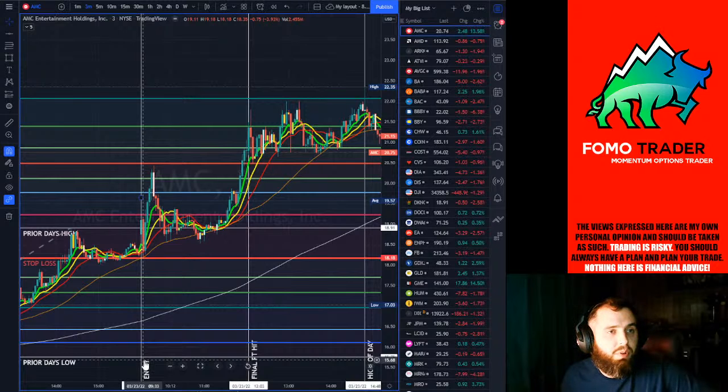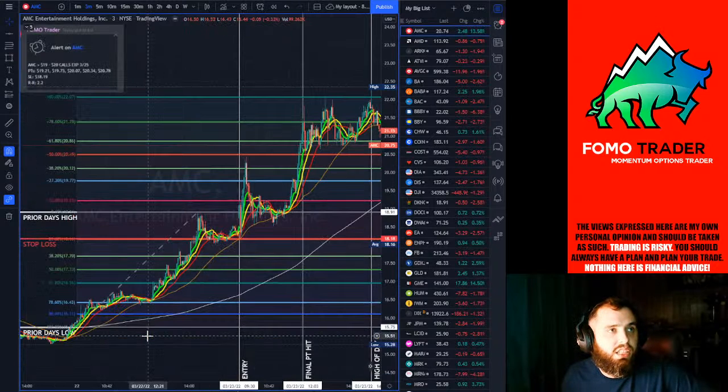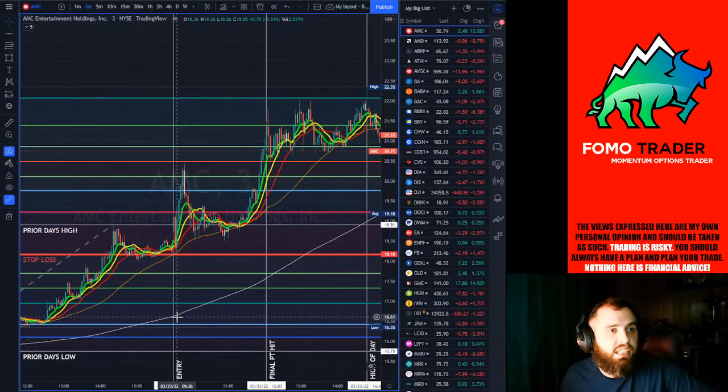I had my stop set to 18.19 and the price on this candle came down to 18.18. It was about 1 penny lower and it didn't fill, I guess, because it popped back up so quick. I entered these contracts at 60 cents at 9:31 a.m. and got a fill.